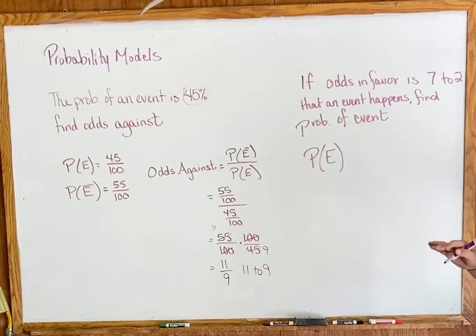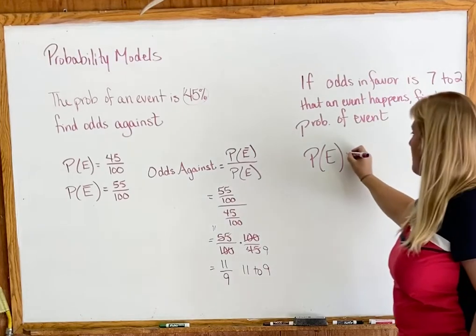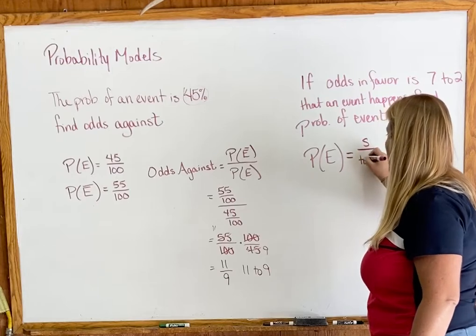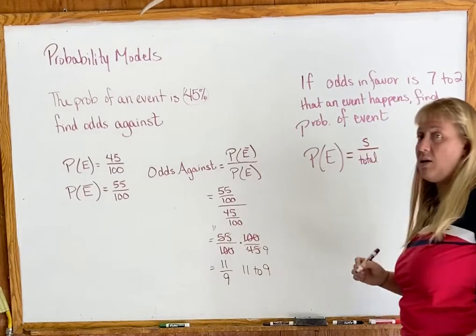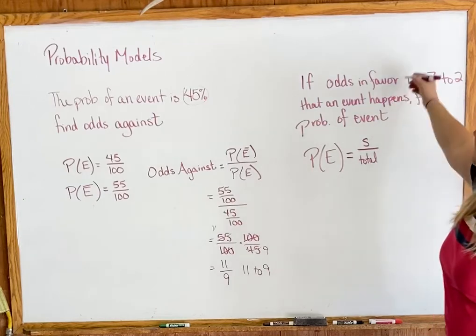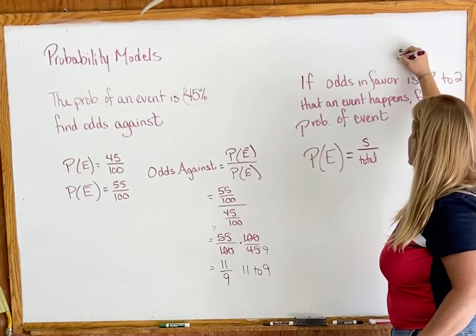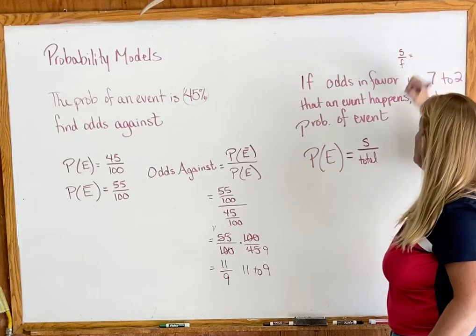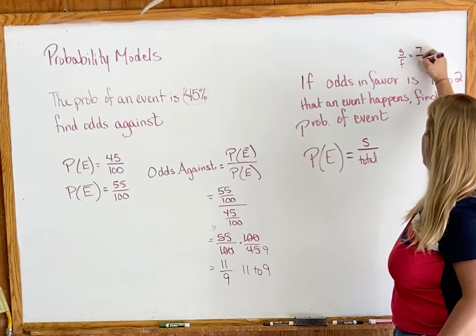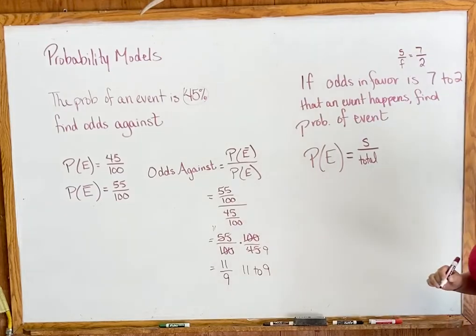Remember, they're related, but they're not the same. Probability is going to be success, but it's going to be over total. It's not going to be over just failure. Now, odds in favor, though, is success over failure, yes? So in our case, they're saying the success is 7 and the failure is 2.